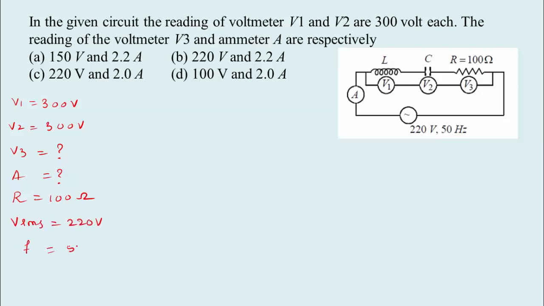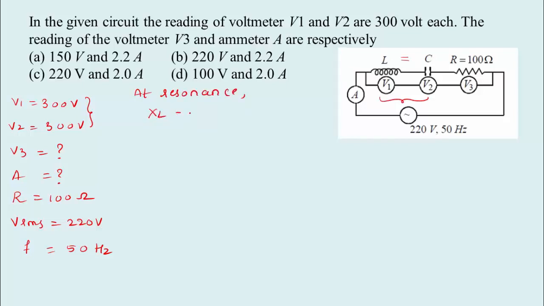Frequency is 50 Hz. You can observe V1 and V2 are both the same. That indicates this is at resonant frequency. XL and XC are equal.